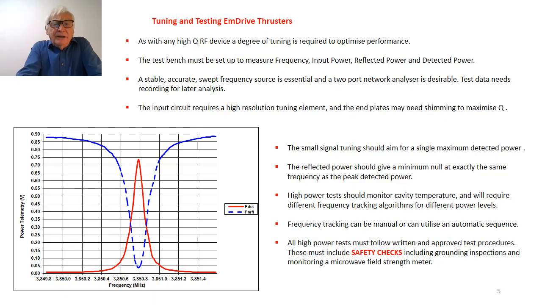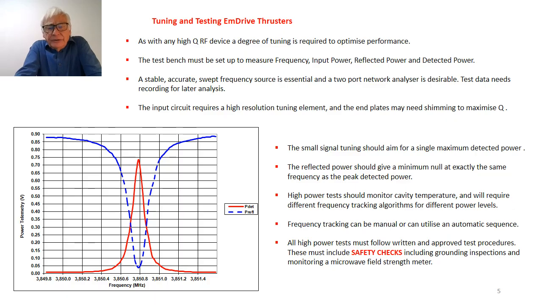Now, when you carry out the initial small signal tuning, you should aim for a single maximum detected power peak, and at this frequency, the reflected power should give a minimum null at exactly the same frequency as the peak detected power.